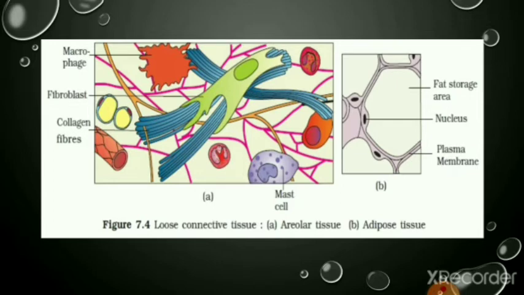This type of tissue provides basic framework and flexibility to the body part where it is present. And then second is the adipose tissue. Here you can see the fat storage area. These are the adipocytes which help in the storage of fat molecules in the body.